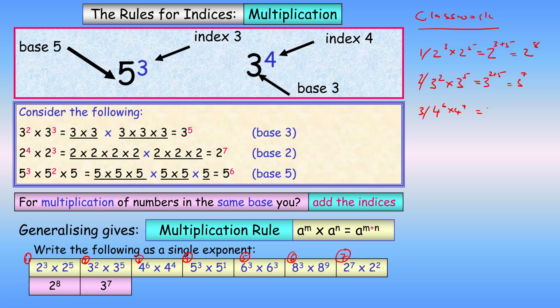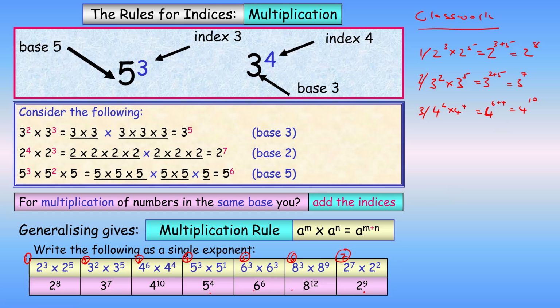So 4 to the power of 6 plus 4, 4 to the power of 10. Question number 4, you should have 5 to the power of 4. Question number 5, 6 to the power of 6. Question number 6, 8 to the power of 12. And question number 7, 2 to the power of 9. Okay, good. So rag rate your work.